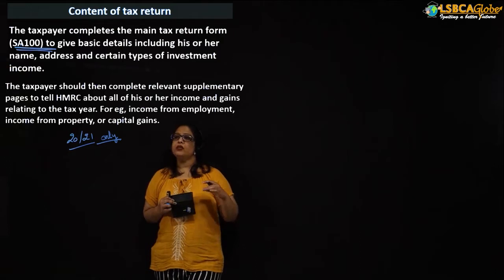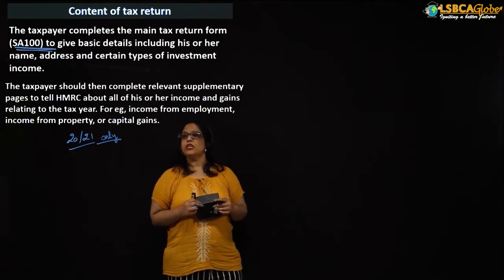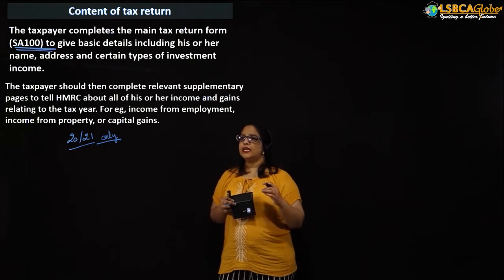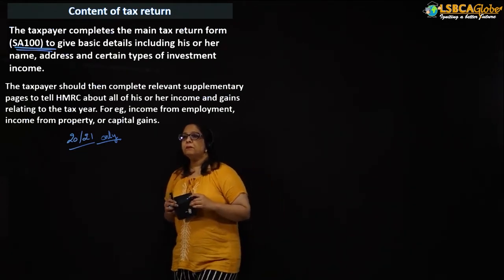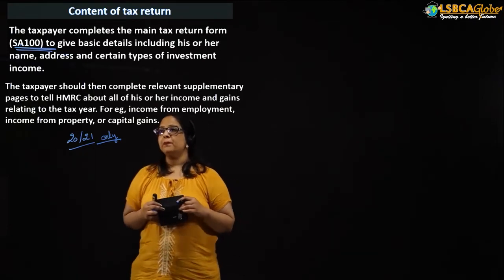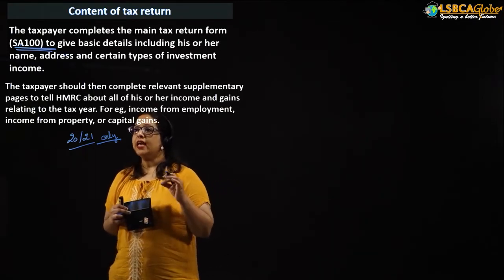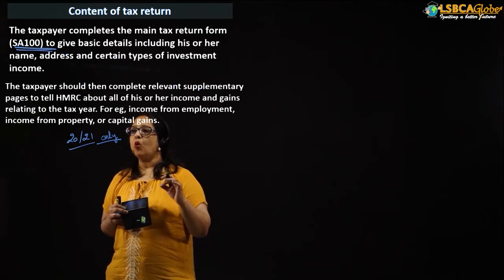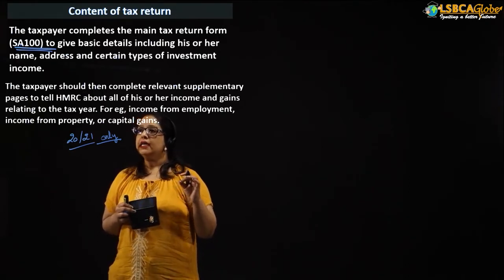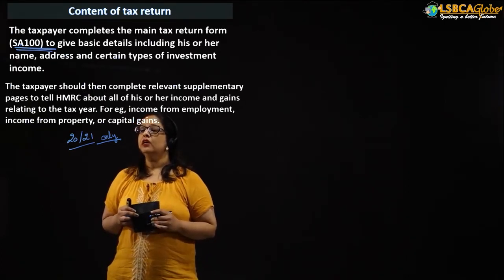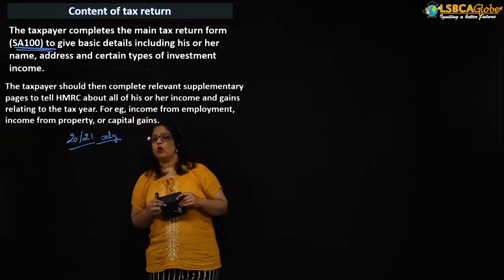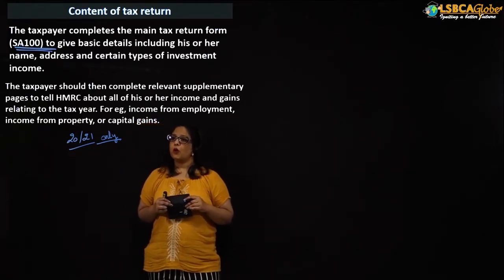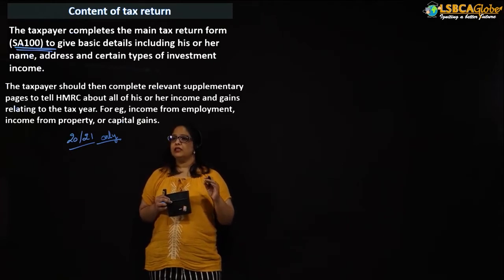So whatever supplementary pages are added depends upon the income and gains he has. The taxpayer completes the relevant supplementary pages to tell HMRC about all of his or her income and gains relating to the tax year, for example income from employment, income from property, or capital gains.